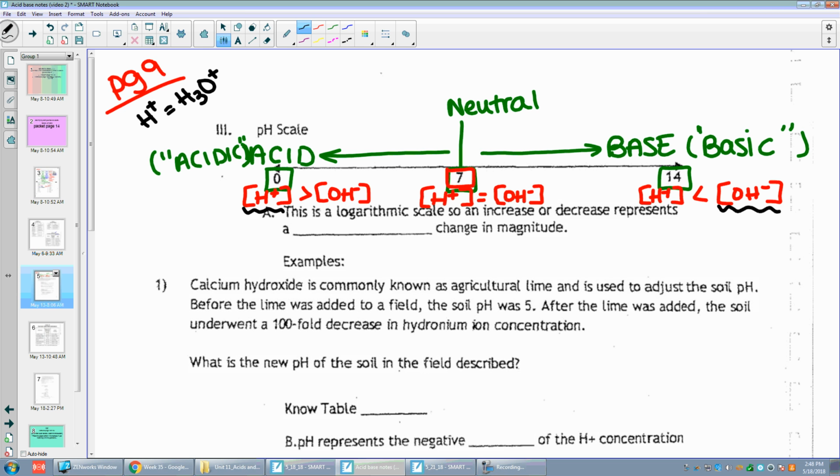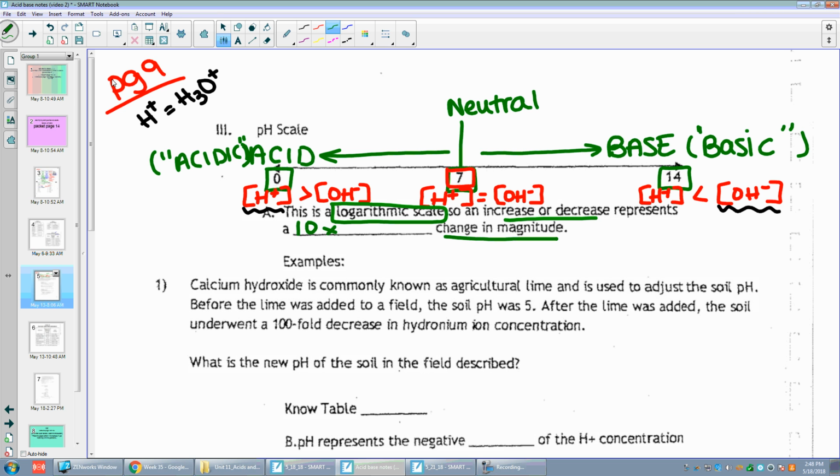And I want to know that this is a logarithmic scale. So an increase or decrease either represents a 10 times change in magnitude.